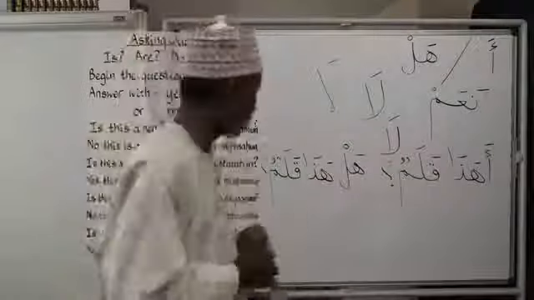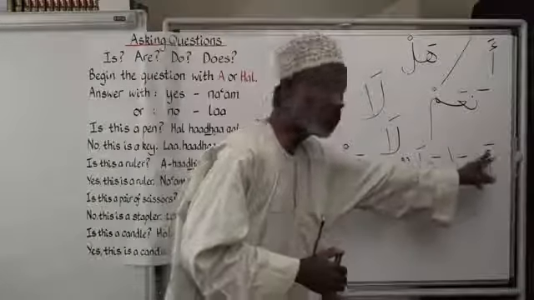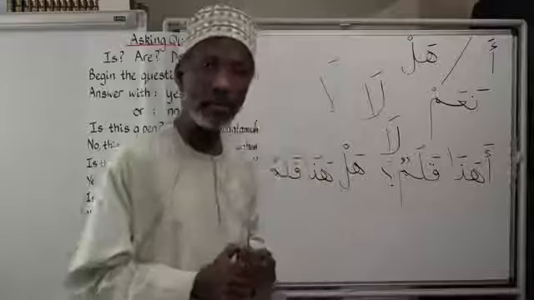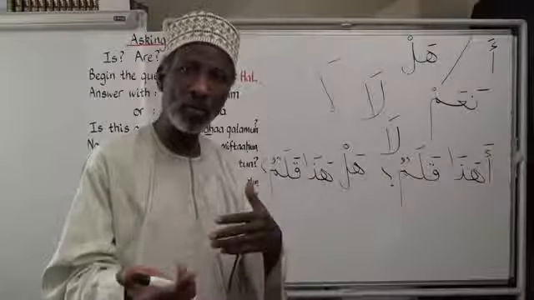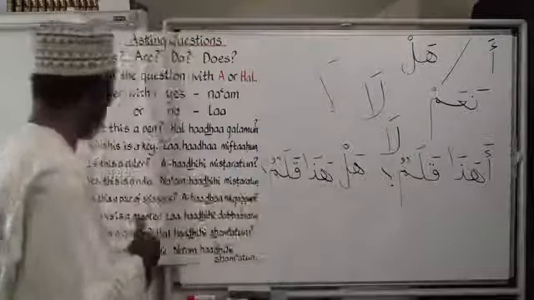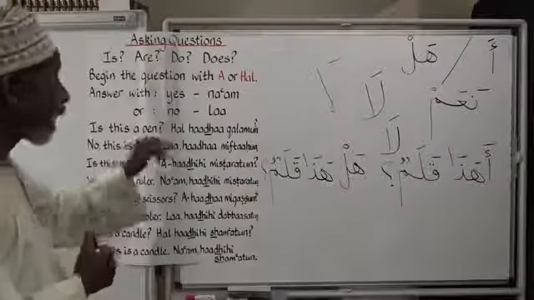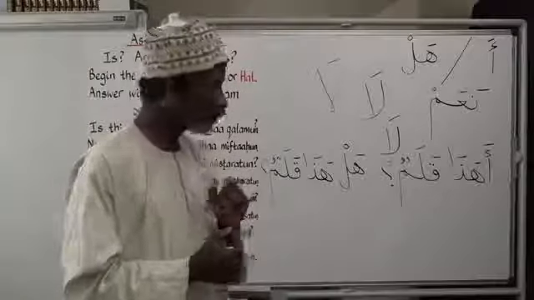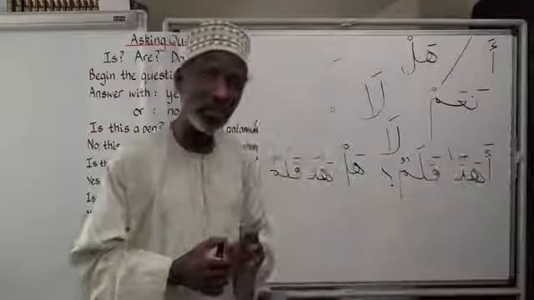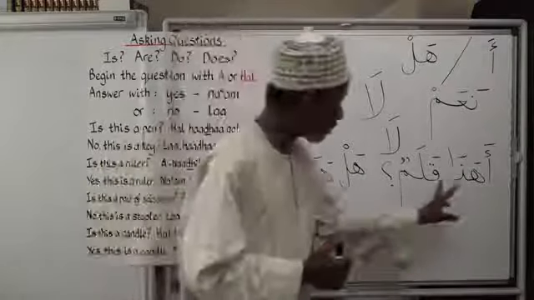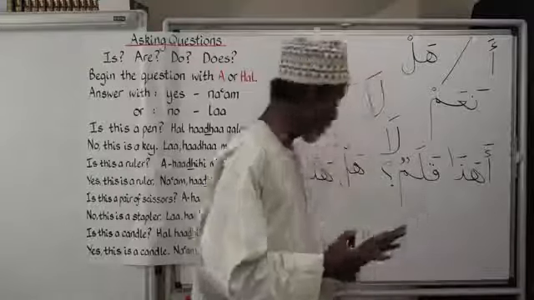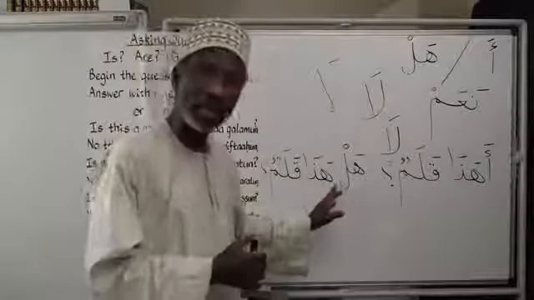أهذا قلم؟ هل هذا قلم؟ It's the same meaning, because you can use both Hamza and Hal interchangeably. Is this a pen? Now, when you use the Hamza as an interrogative particle, it is part of whatever is after it. It's one unit, whereas the Hal is separate.